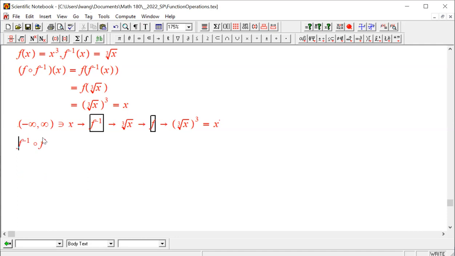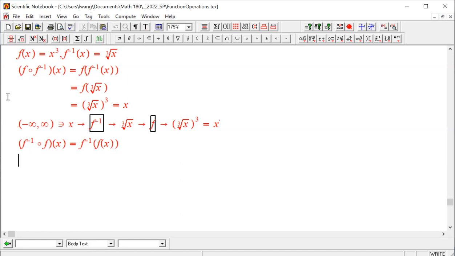Now, let's look at the other composition, defined as f inverse of f of x.